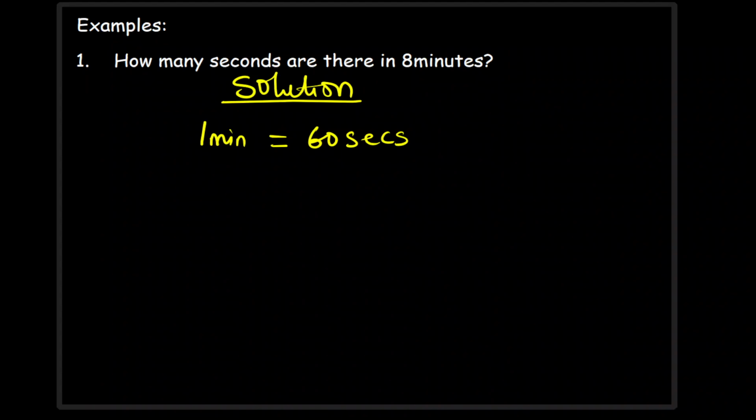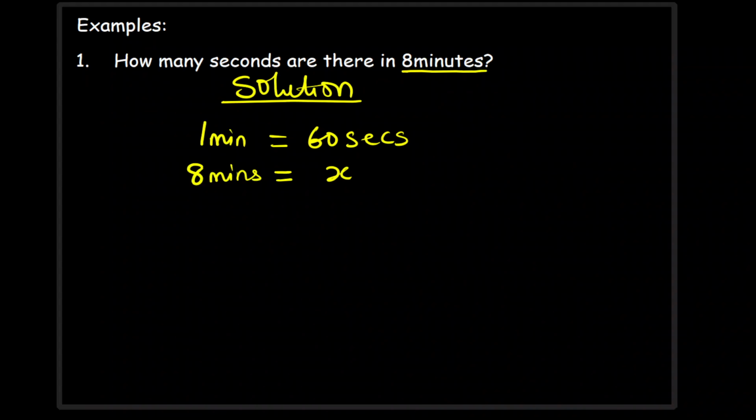And then we are asked to find how many seconds are there in 8 minutes. So 8 minutes equal to what? Let's assume we don't know how many seconds there are.